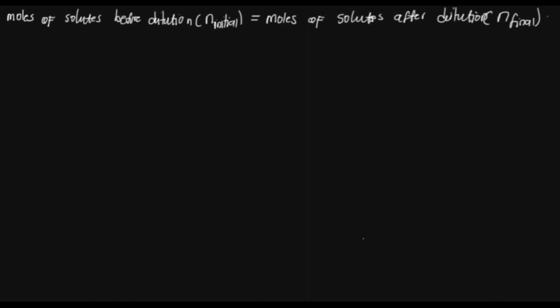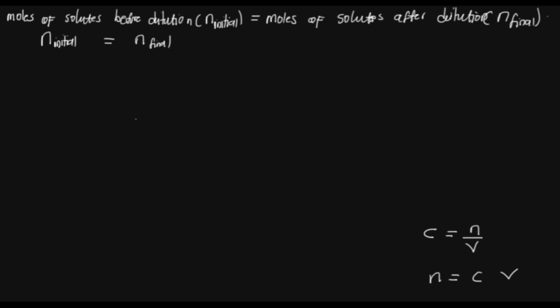So now let's go back to the formula for concentration. So we said concentration is equal to number of moles over volume. The number of moles is equal to concentration multiplied by volume. So we can see that here we have number of moles initial before dilution must be equal to number of moles after dilution, which is N final.